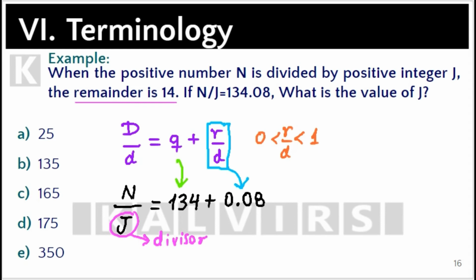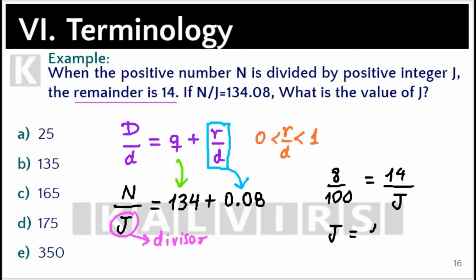Therefore, in order to find the value of j, we will do the following. 0.08 is 14 over j. We can write this decimal as a fraction, and it is 8 over 100.